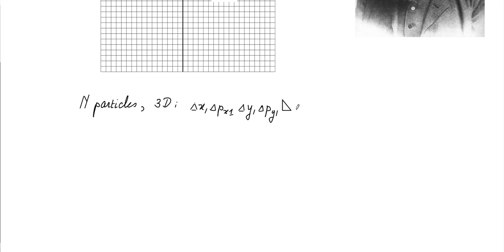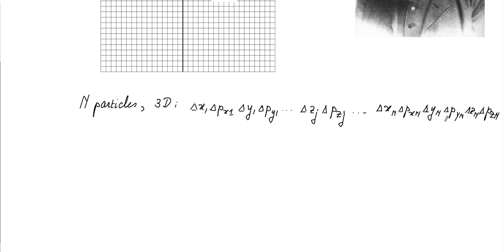And we continue in this way, so we arrive at particle 2, particle 3, and we have delta z_j, for example, delta p_z_j, and then finally we go up to particle N, delta x_N, delta p_xN, delta y_N, delta p_yN, delta z_N, and delta p_zN.